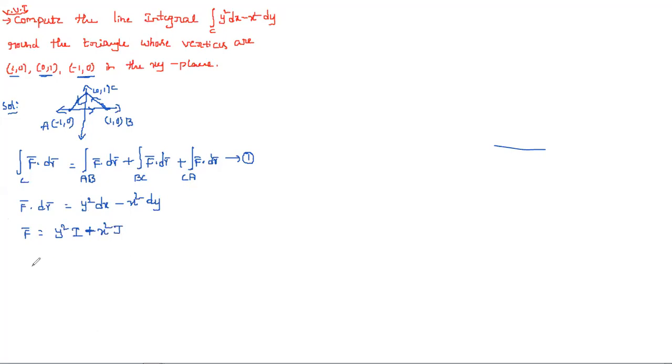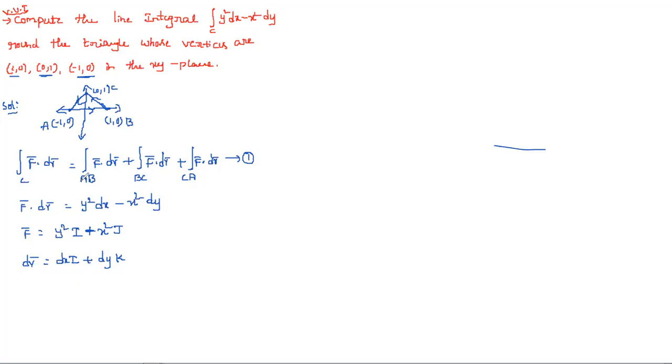And dr bar is dx i plus dy j. Since the curve is in the xy plane, z is equal to 0, so dz is equal to 0. If you apply the dot product between these two vectors, we get y square dx minus x square dy.